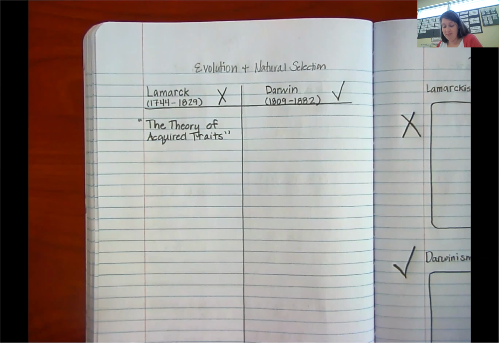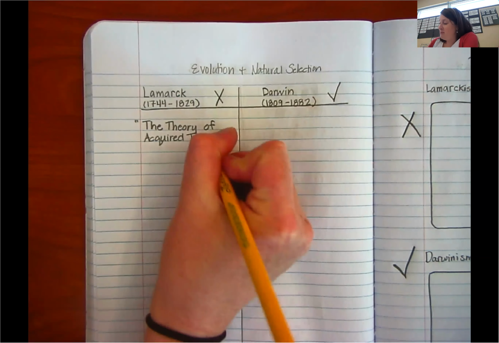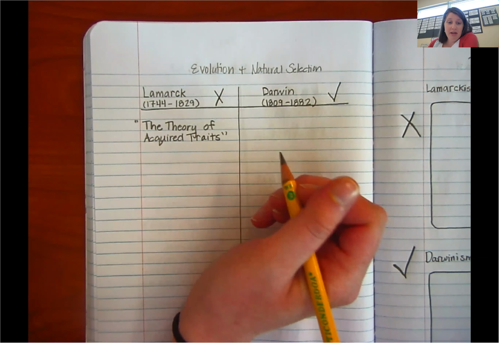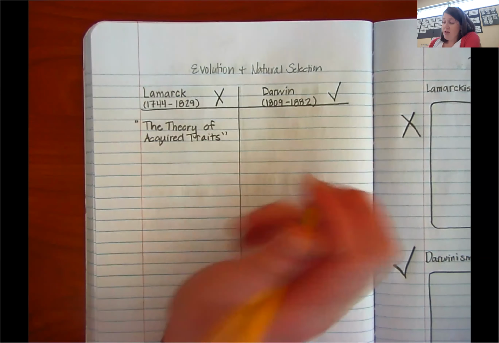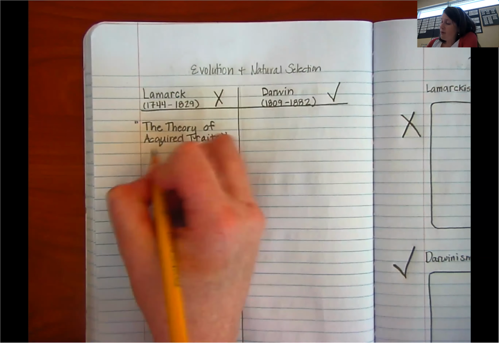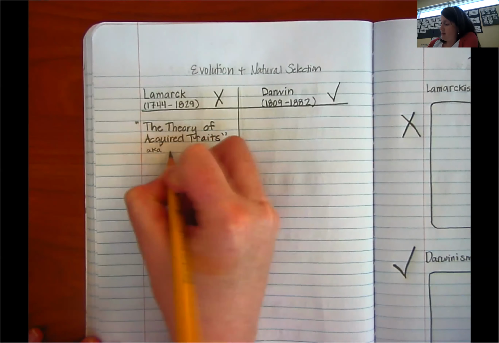If I need a tail, I can create a tail over time, it'll be there. It might sound bizarre, but at the time it was like, okay, maybe over a long period of time that could happen. So this is called the theory of acquired traits, and I'm going to write it out. It's also known as Lamarckism.